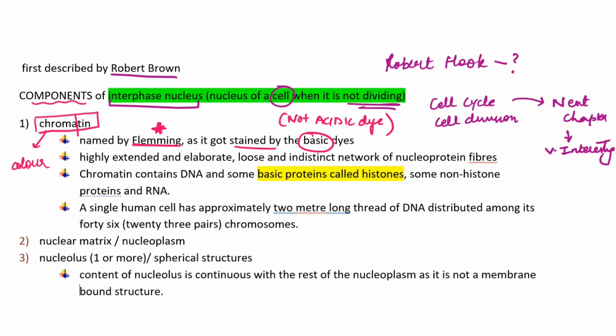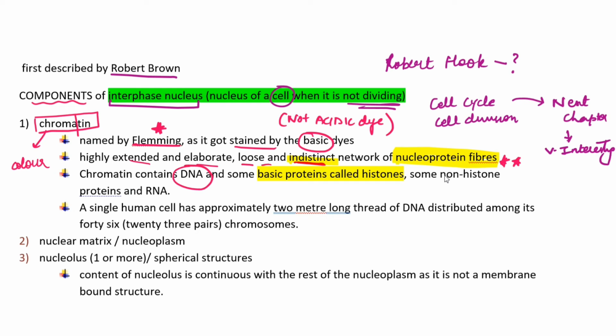And it is a highly extended and elaborate loose indistinct network of nucleoprotein fibers. So chromatin is something like thread-like, very loose, and not present as distinct structures, they are indistinct, and it is a network of nucleoprotein fibers. Chromatin contains DNA and some basic proteins called histone proteins, and there are also some non-histone proteins and RNA present.